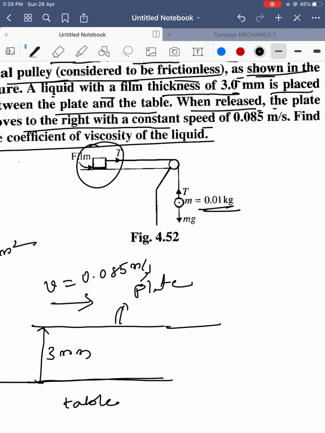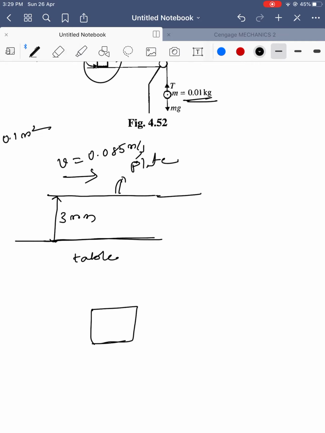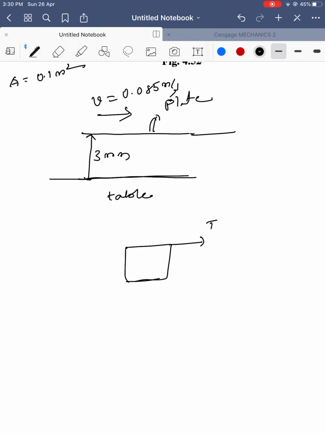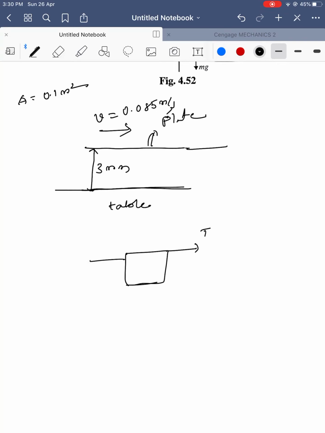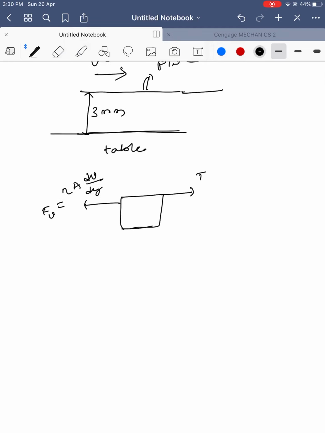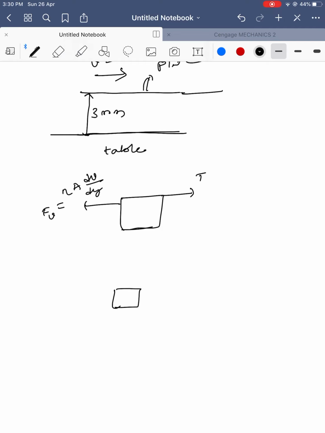So what is connected here? The tension is here. Towards the right there will be tension, and viscous force will act in the backward direction. Viscous force is equal to mu A dv by dy. And next come to the block. What is the mass? 0.01 kg.